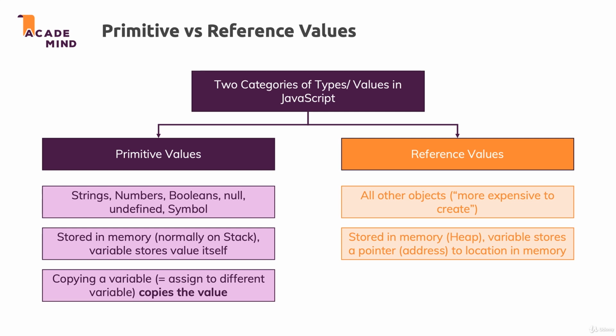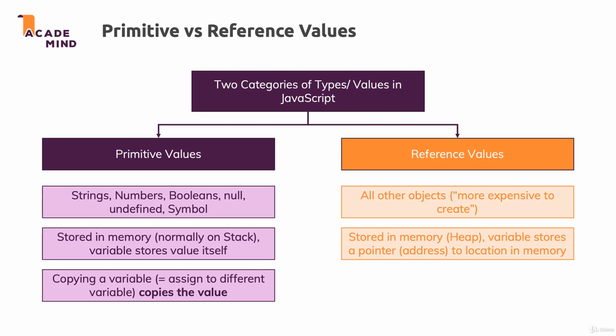And important, a variable then only stores a pointer, so the address of that place in memory, and not the value itself. For primitive values, a variable really stored the value itself. For reference values, that's not the case.